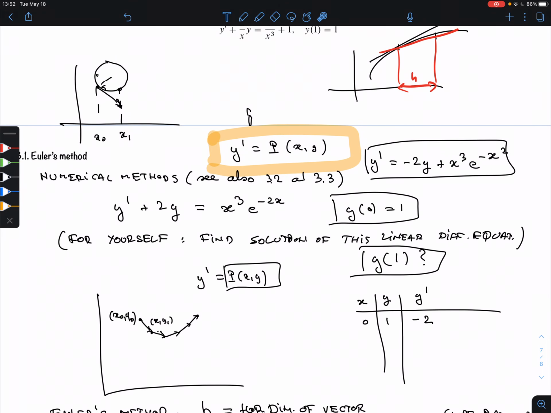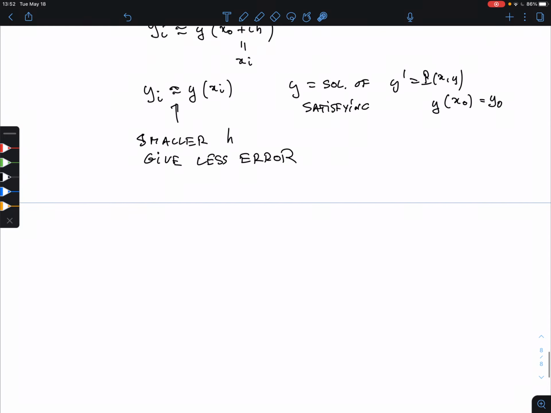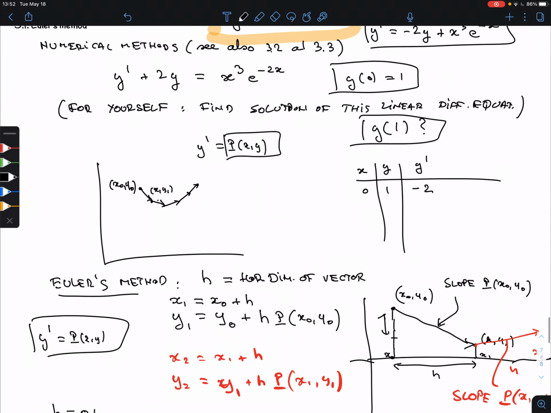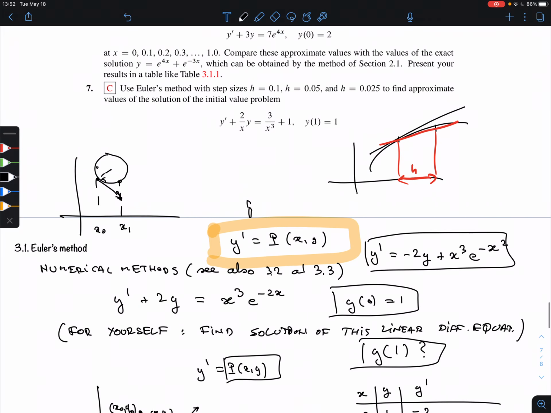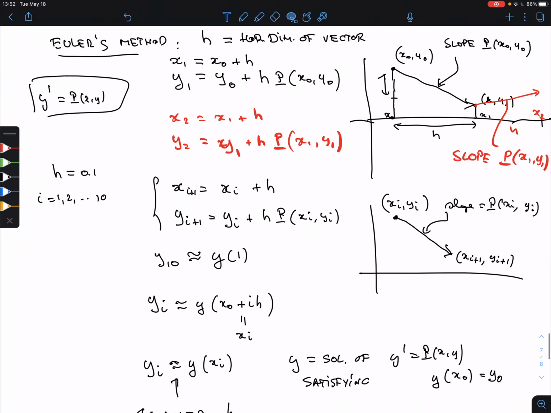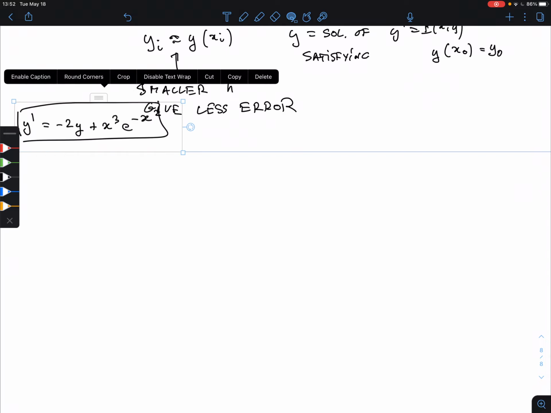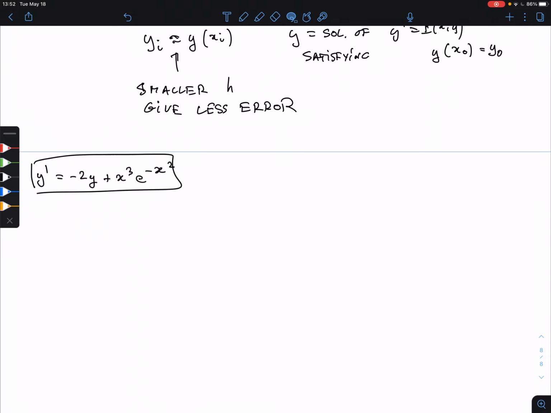So let's just for the heck of it verify that the first step is correct. Our equation, let me copy it here. Okay, so this is our equation.